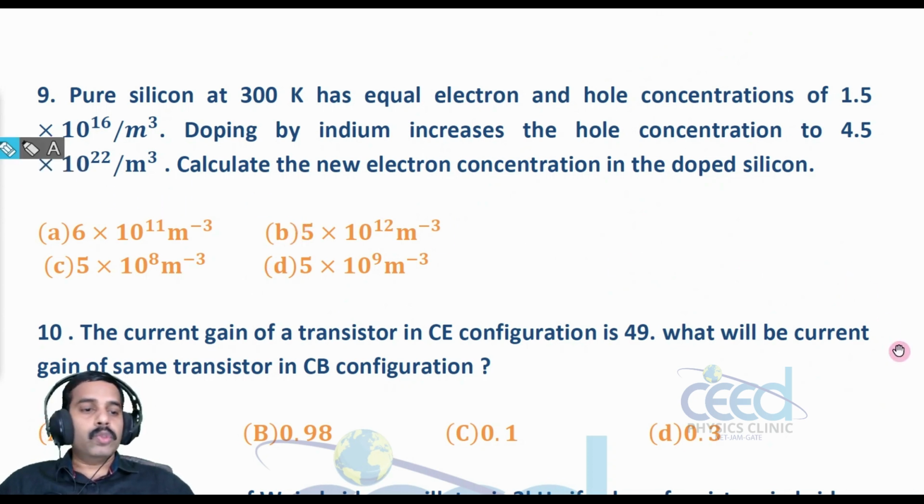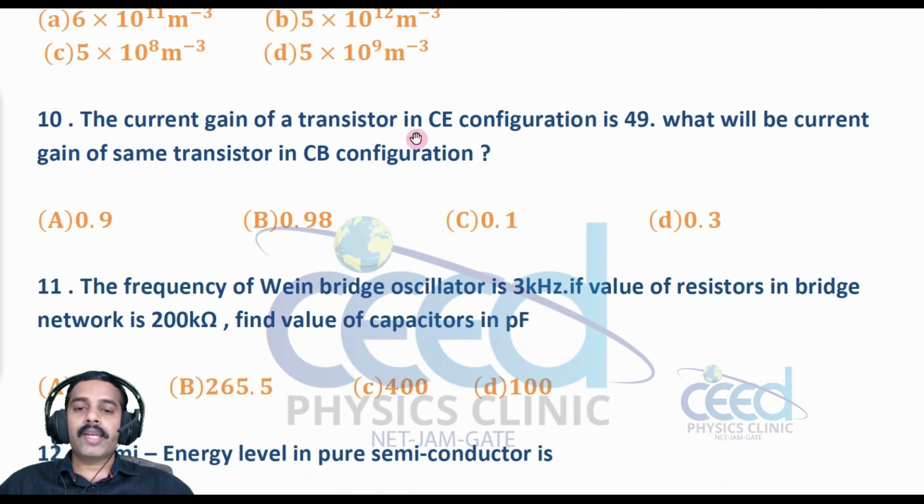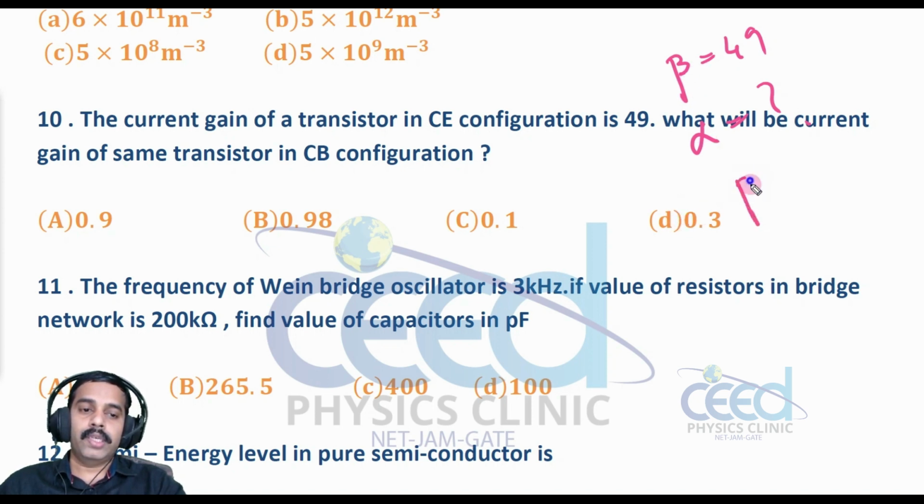Now let us come to the next question. The current gain of the transistor in CE, common emitter configuration, is 49. What will be the current gain of the same transistor in common base configuration? The current gain in common emitter configuration is beta, right? And what is alpha? We have already studied a relation connecting beta and alpha, that is beta is equal to alpha divided by 1 minus alpha.